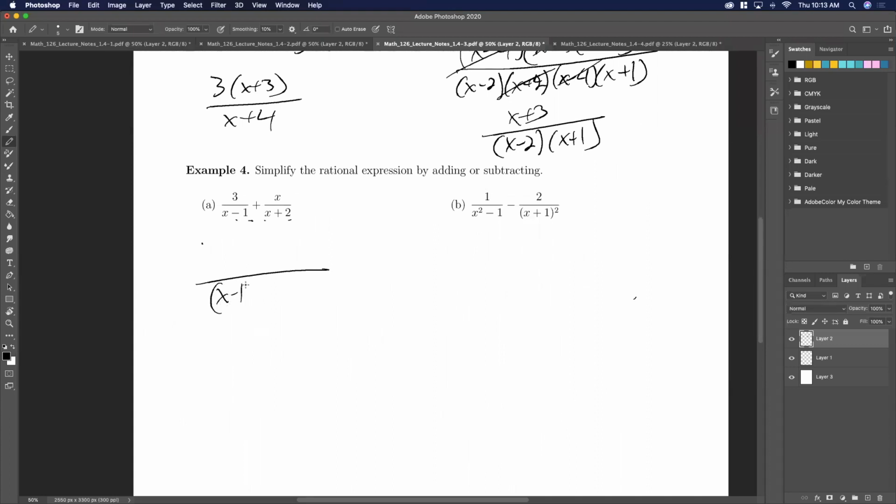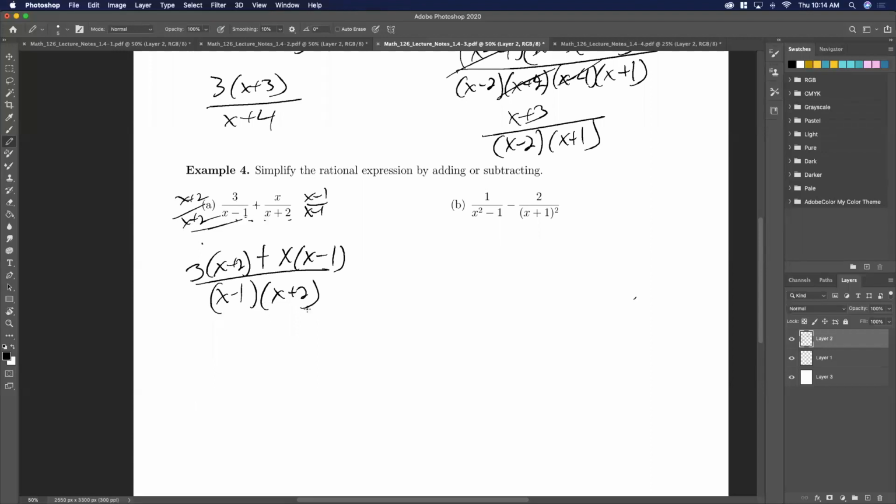In order to do that, I'm going to multiply x minus 1 over x minus 1 on this side, and then x plus 2 over x plus 2 on this side. So I'll have 3 times x plus 2 plus x times x minus 1. Okay, because if I multiply top and bottom by the same thing, it's multiplying by 1.